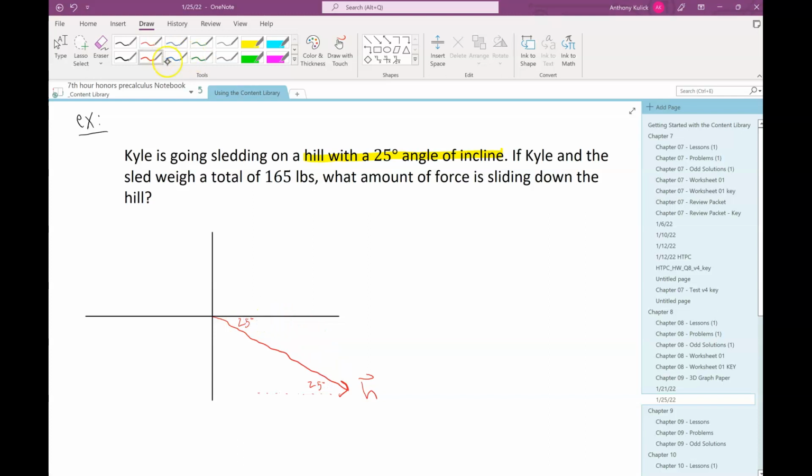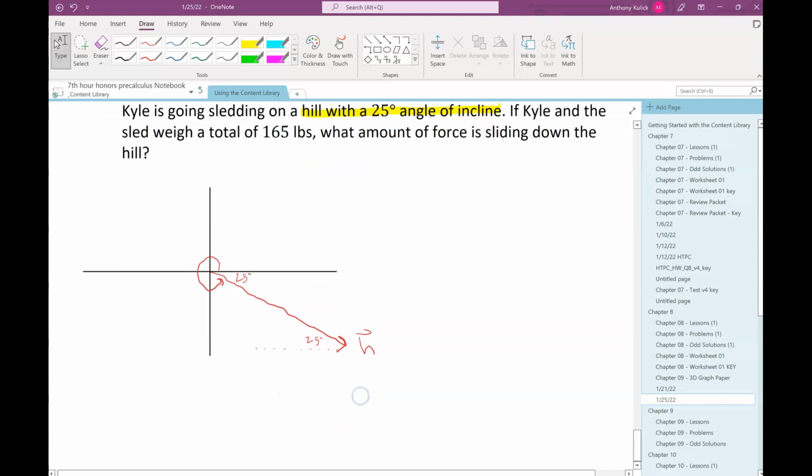So I know that. And what I really want is the direction for this vector. So that should be 335 then. Does everybody feel okay there?